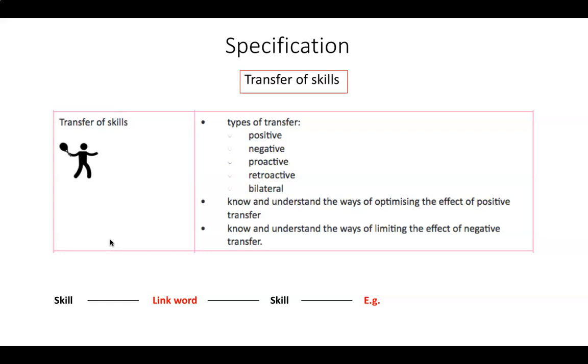If I was going to do one now for positive transfer, the description is one skill helps, which is the linking word, the learning of another skill, e.g. a cricket ball throw and a javelin throw. So that would be positive transfer. You don't just write that down now because we're going to go on to it when we go through all of the types of transfer. So that is the process of how we answer each one: skill, linking word, skill. Each one has a linking word.